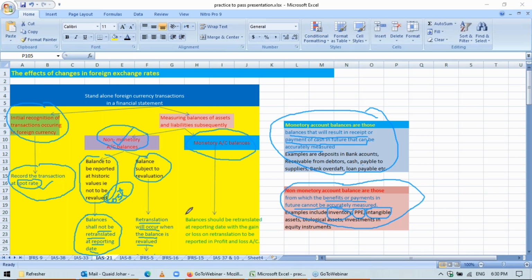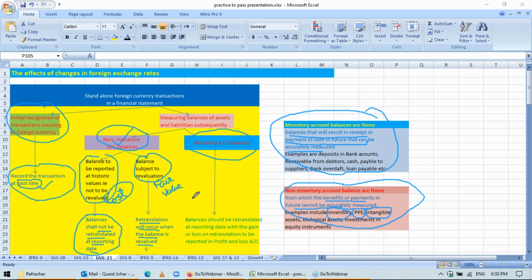So in case of the revaluation model or using fair value of assets, and the fair value changes, at that time you will have to retranslate it, right? So ordinarily, if you are using the cost model, once you have converted the foreign currency at spot rate initially, you will not revalue it, right?